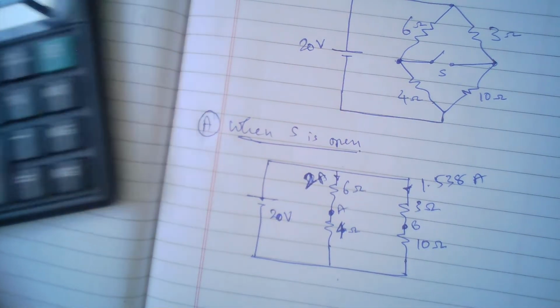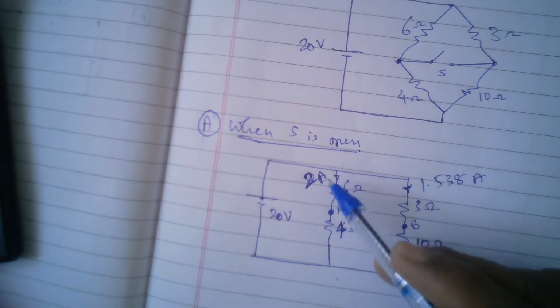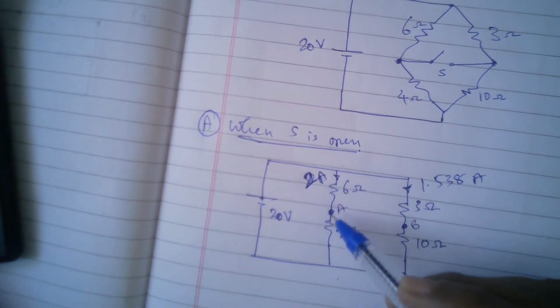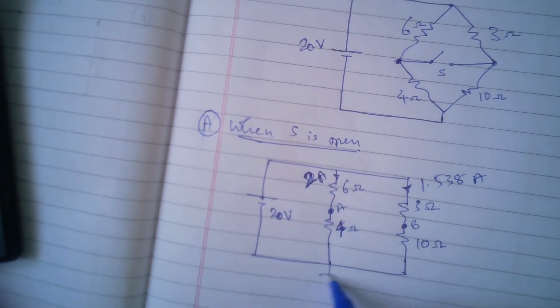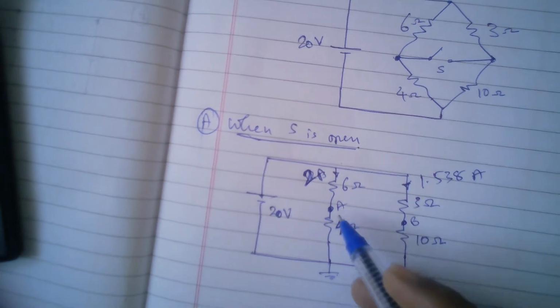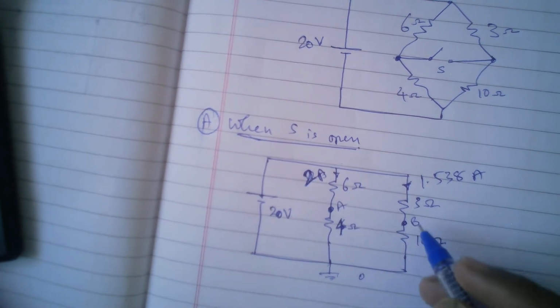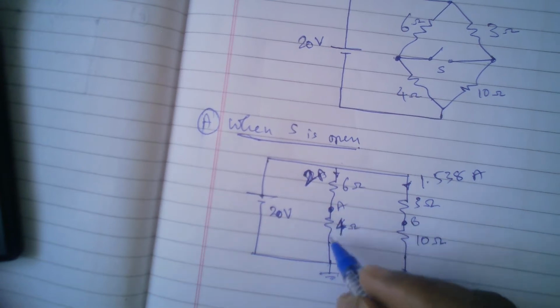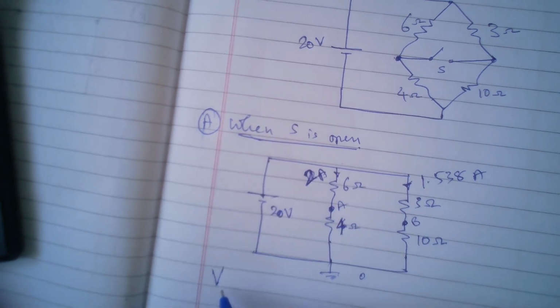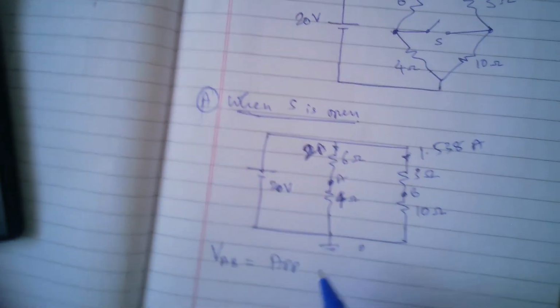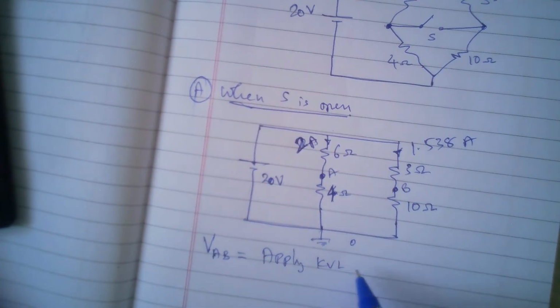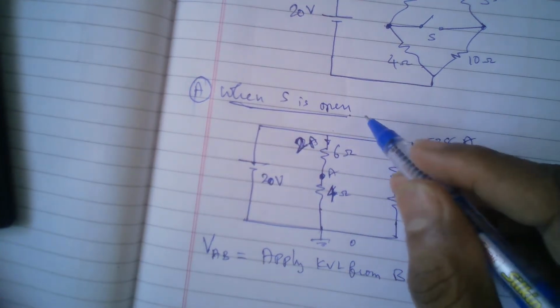Okay, so now I can find the potential drop. If I consider this as my reference, from here I can find the gain in the potential. I can simply find the voltage of A with respect to B, so I apply KVL from B to A. I can take the down route or up route, any route.